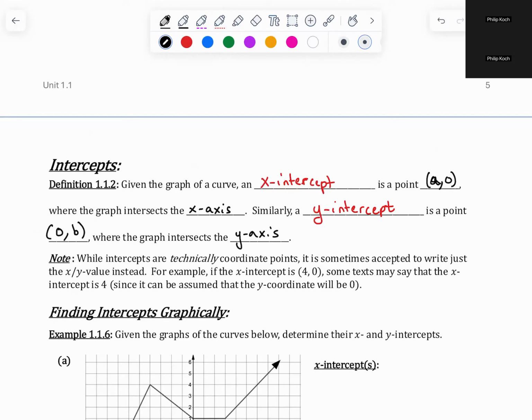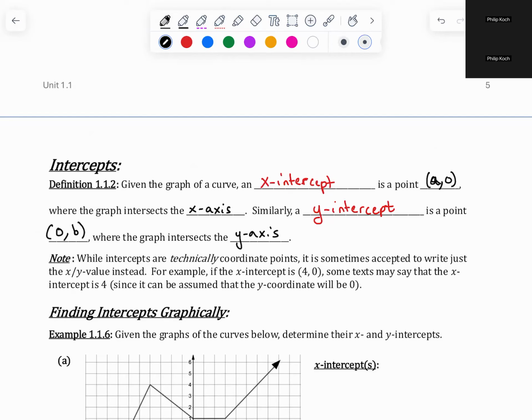All right. A frustrating thing for me about ALEKS and people at large: an x-intercept or a y-intercept is a point. It is a coordinate point, and as such, it has an x and a y coordinate.